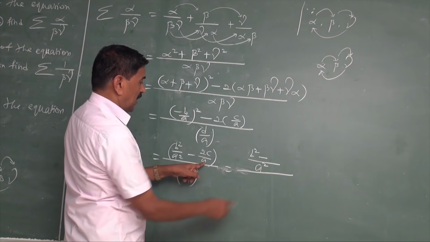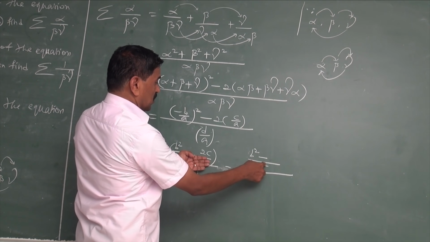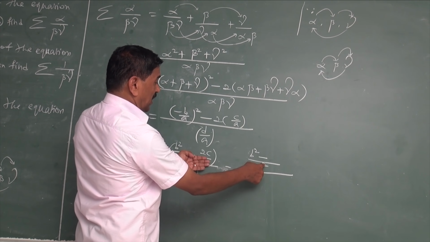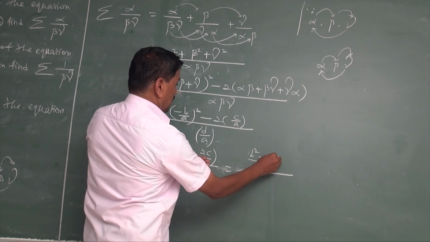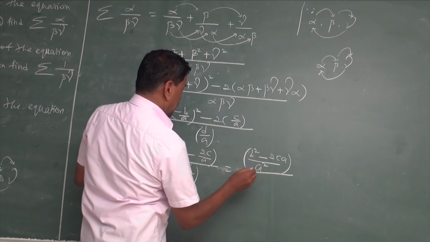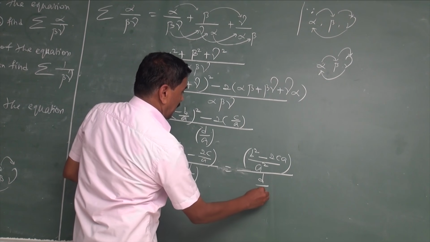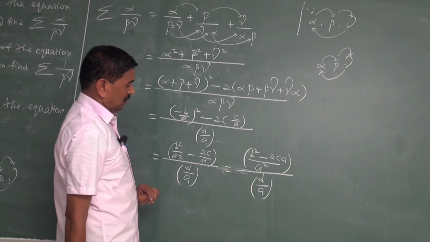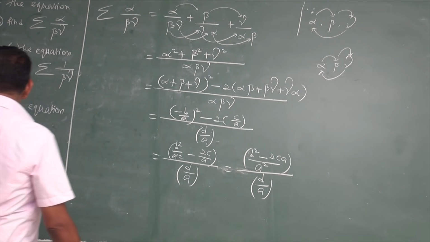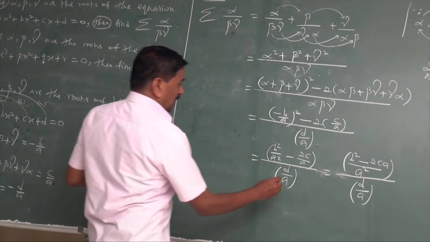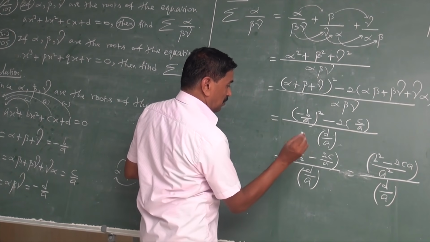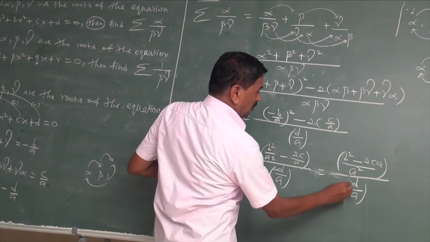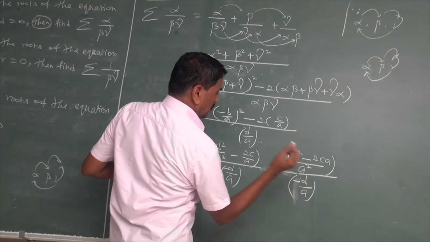Minus, here a square and a, the a cancels, and the remaining a is multiplied with the numerator, so minus 2ca, all divided by d by a. And here sigma 3 is equal to minus d by a, so that is important, sigma 3 is equal to minus d by a.